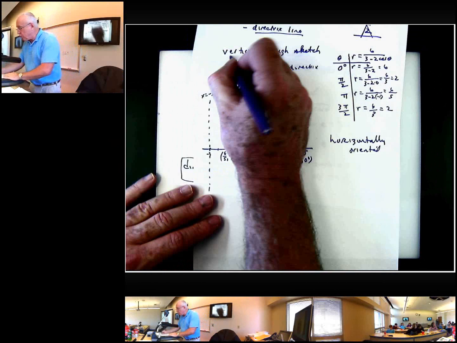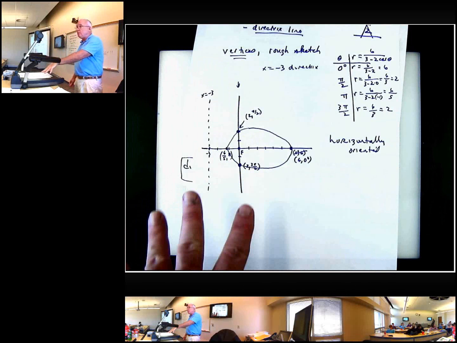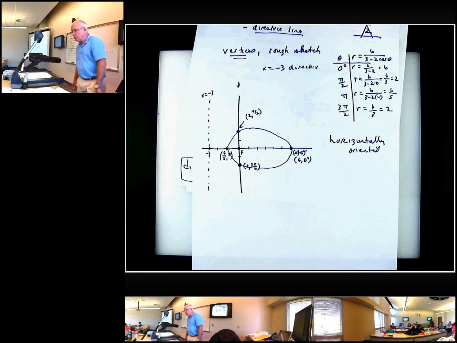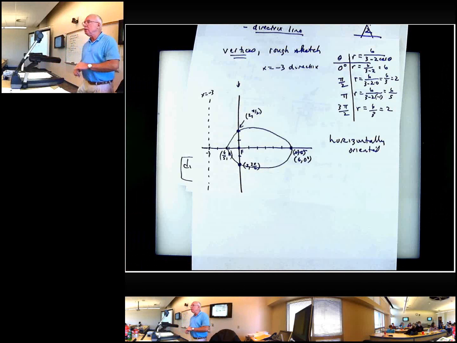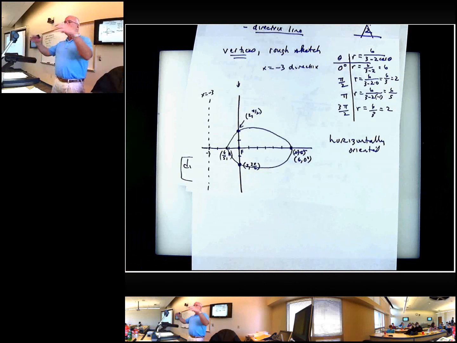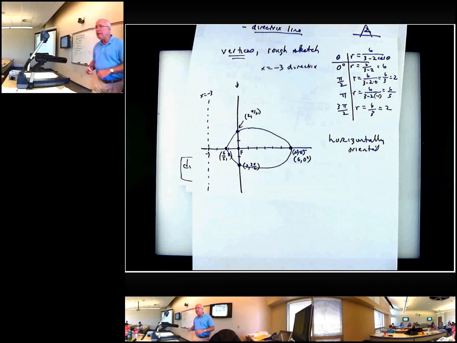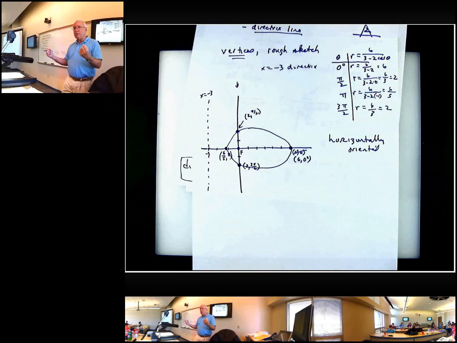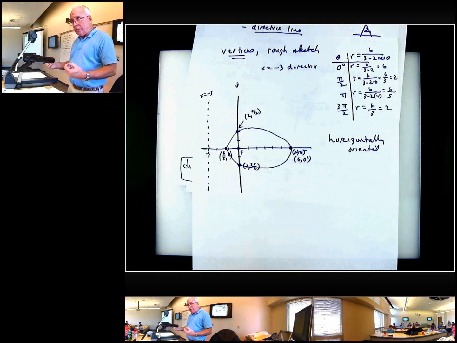Okay, so besides the rough sketch, and actually for me this is a good enough rough sketch, the thing is that we want to get the vertices. Now remember, for an ellipse, the vertices are along the long axis, what's called the major axis, which in this case is going to be the horizontal axis. So this point here and this point here at the very end of that axis are going to be our vertices.